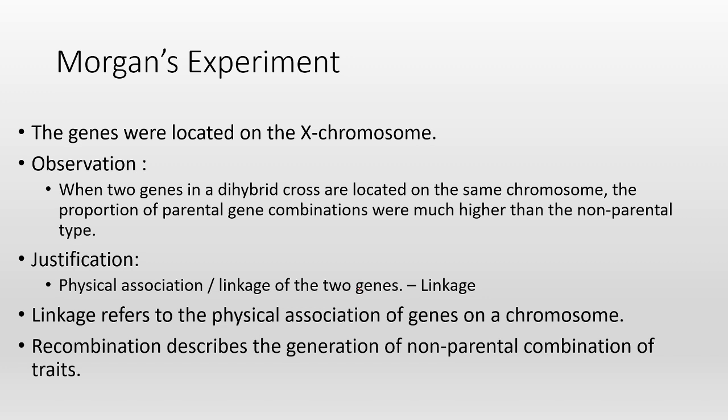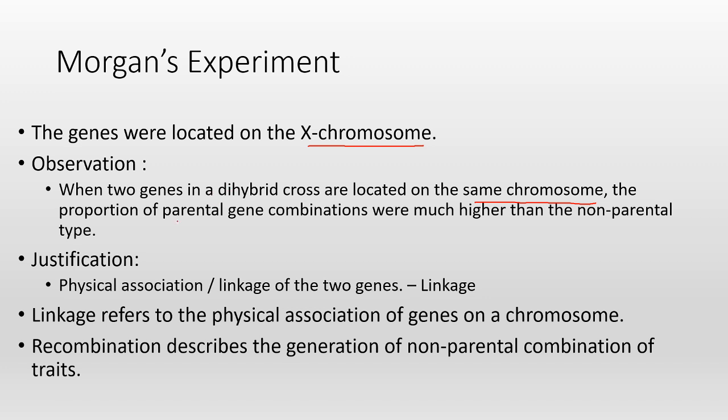They knew that the genes they were trying to study are located on the X chromosome. And what is the observation then? When two genes in a dihybrid cross are located on the same chromosome, we are talking about the X chromosome, there are two genes on the X chromosome.